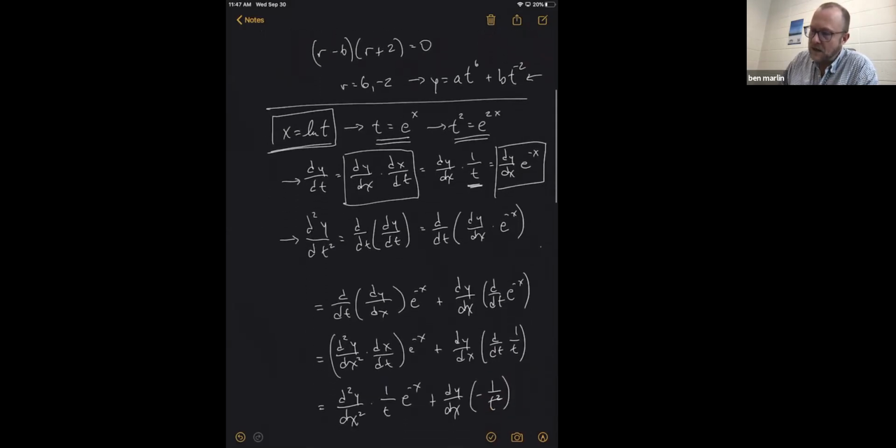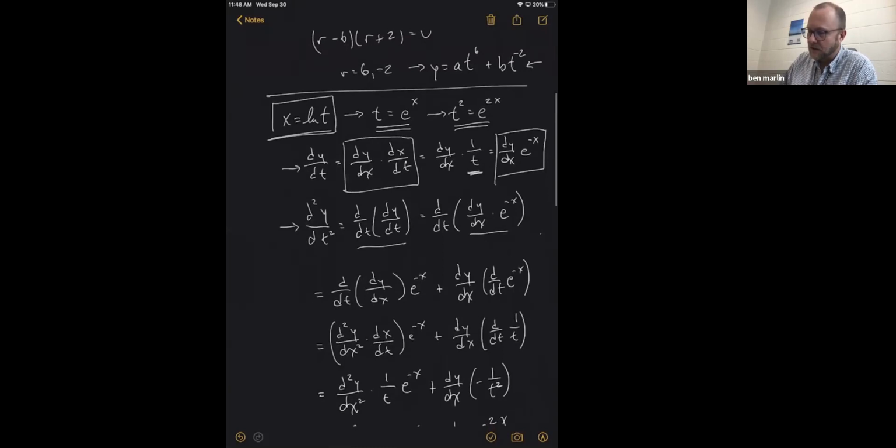So we know that d squared y dt squared is really the derivative with respect to t of dy/dt. And we'd already figured out dy/dt in terms of x, which is kind of unfortunate here because now we have to take a derivative with respect to t of something that has just x's in it.